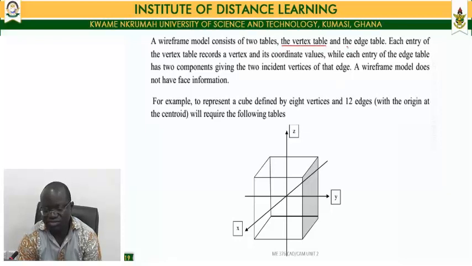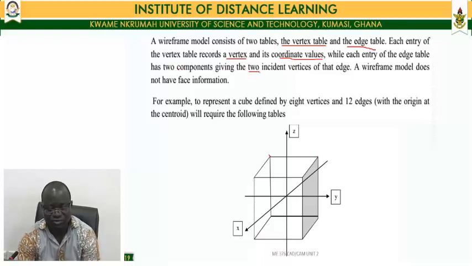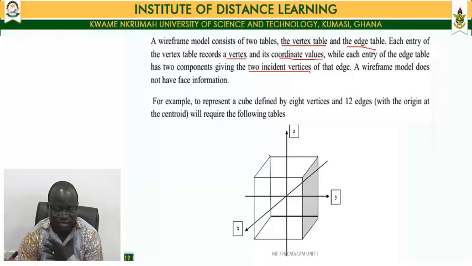So, of course, a vertex will point here, and then the coordinate values of that point are used to generate what we call a vertex table. Now the edge table has two components, giving the two incident vertices of that edge. So you have to have a start vertex and an end vertex. A wireframe model actually does not have any face information, as we know, because it's only looking at edges.